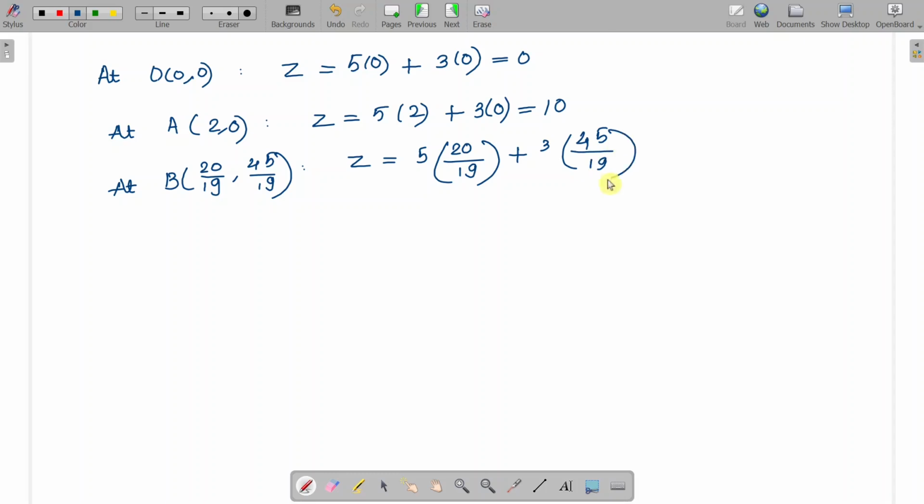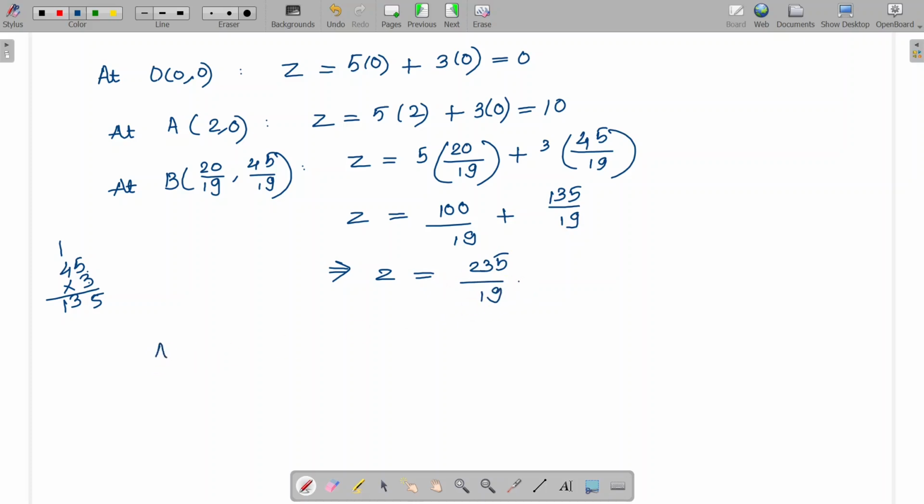So z is nothing but 5 times 20 by 19 plus 3 times 45 by 19. So z is nothing but 100 by 19 plus 135 by 19. So this implies z is 235 by 19.